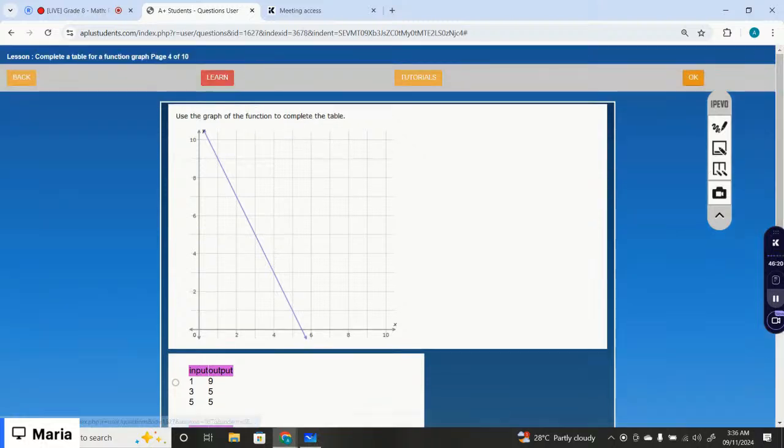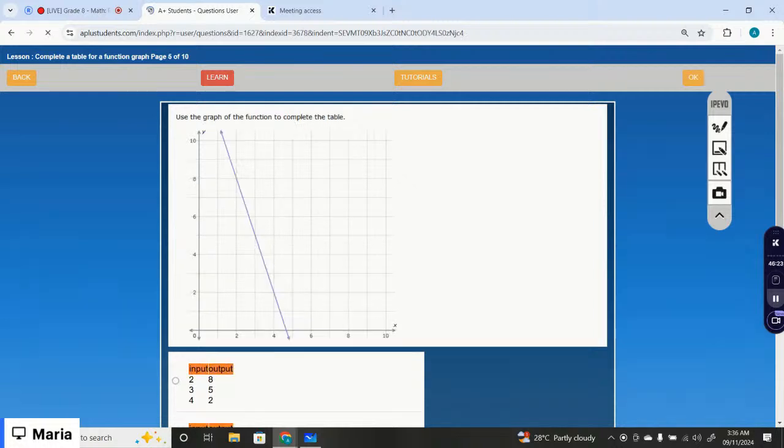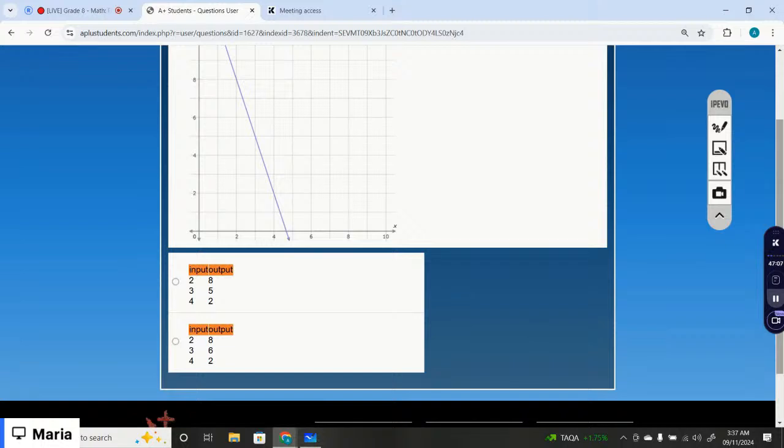Option number 2 is the correct option. Use the graph of the function to complete the table.